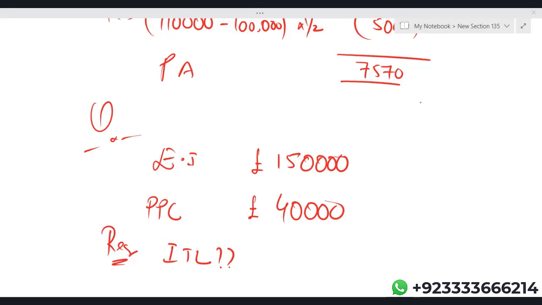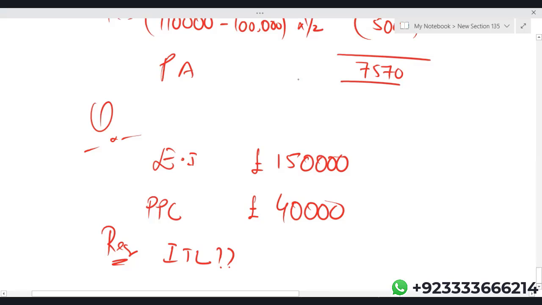Anyone else wants to share the answer? Please go ahead. Anyone else? Okay, now let's solve together. One more answer is 48,000 and 47,000 and 37,000. So let's try now.